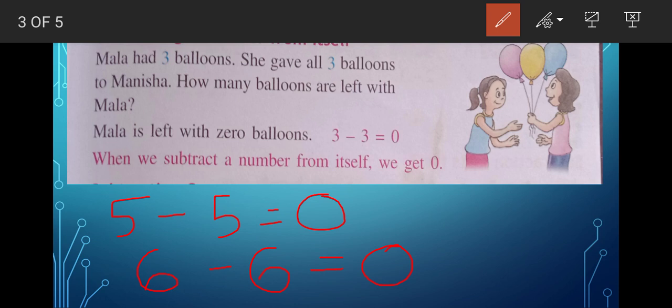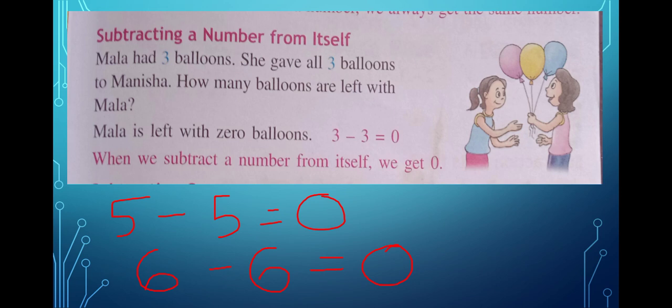When we subtract a number from the same number, or when we subtract a number from itself, we get 0.